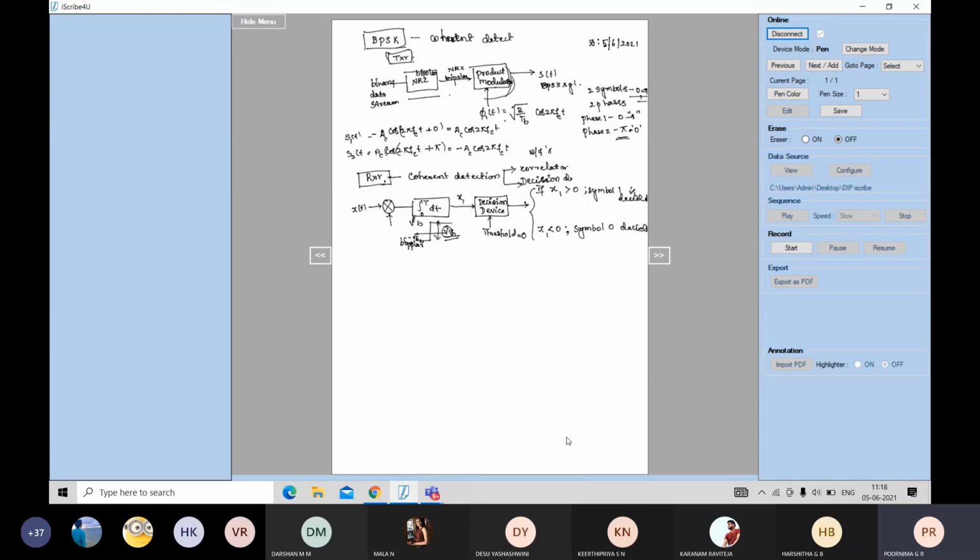The correlator, as we have already seen, is nothing but a multiplier with an integrator. In coherent detection, the transmitter and the receiver both will be synchronized. Hence, this receiver should have the same carrier which has been used at the transmitter.